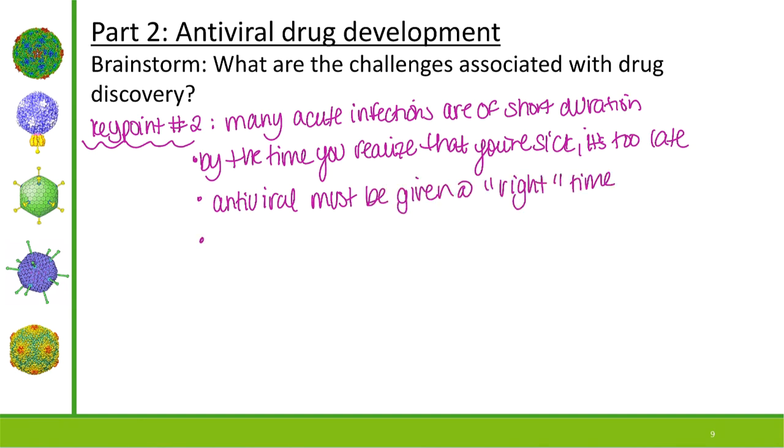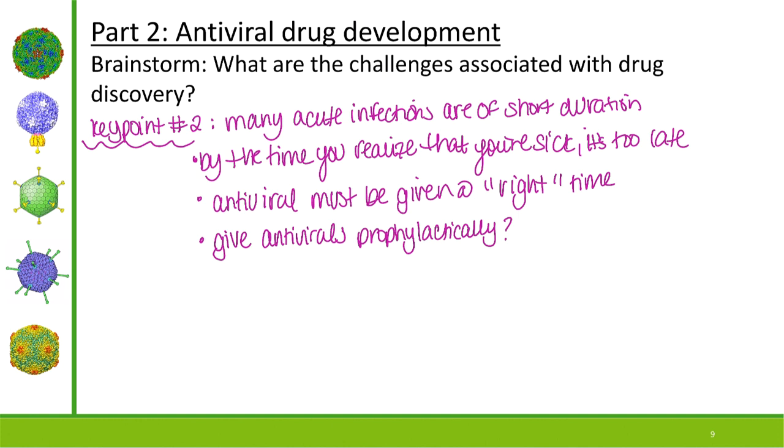Another question that you could bring up is, why don't we give antivirals prophylactically? If we have this problem of a very short window to give an antiviral because an acute infection is so short, why not just give antivirals prophylactically to everyone?